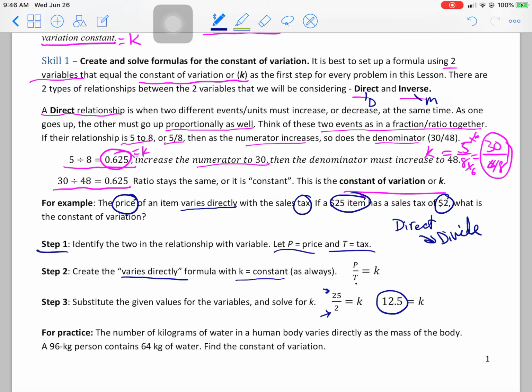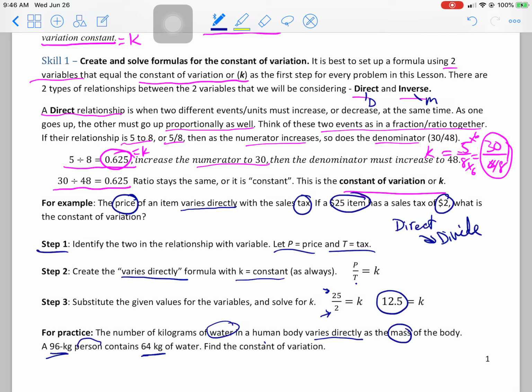Okay. So for practice, let's see. Number of kilograms of water in a human body varies directly as the mass of the body. However you want to do this, this is kilograms of water and mass, because it turns out both of them are referred to in kilograms, so you want to be careful which one's which.